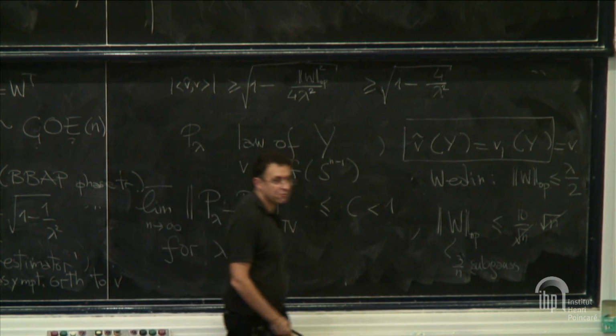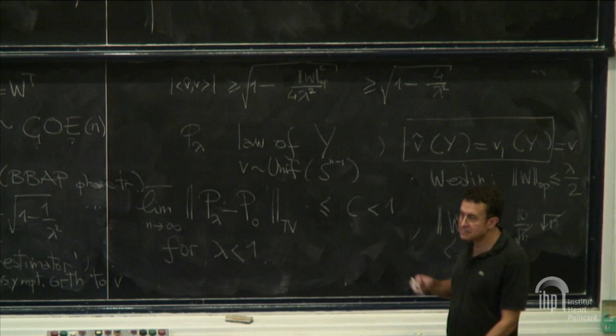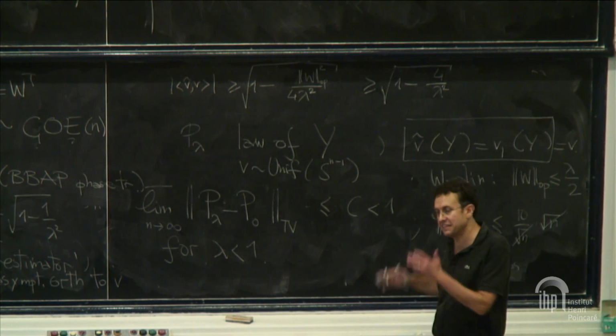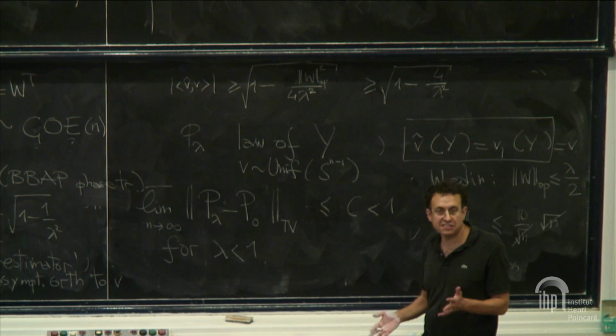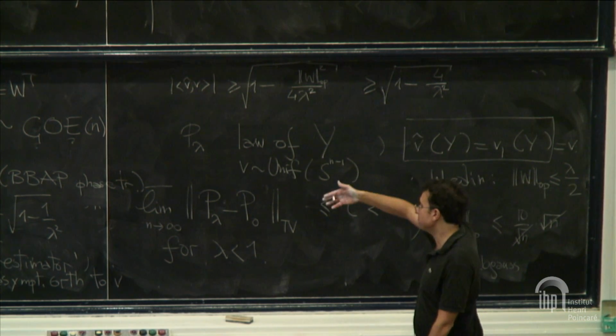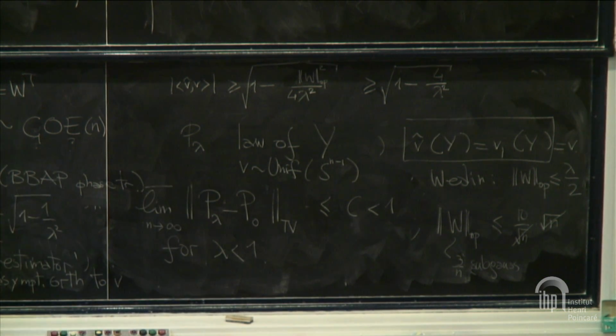So for lambda less than 1, not only is it impossible to estimate, but it's impossible to say with certainty, with high probability, whether there is a signal or not. So this simple spectral estimator is very successful in this case. It gets you the exact optimal phase transition, not only up to constant, but the right number 1.